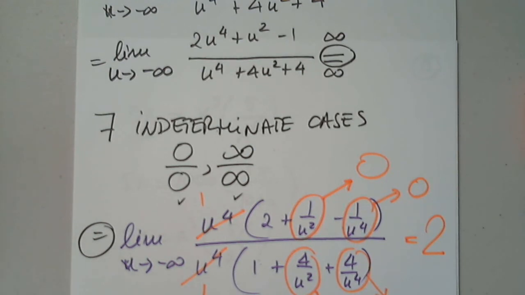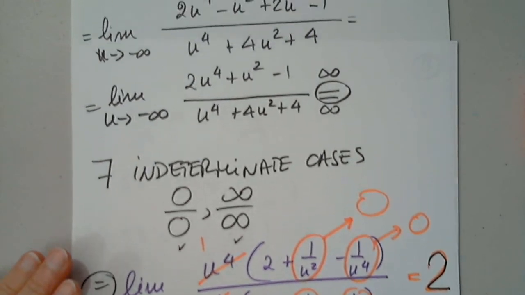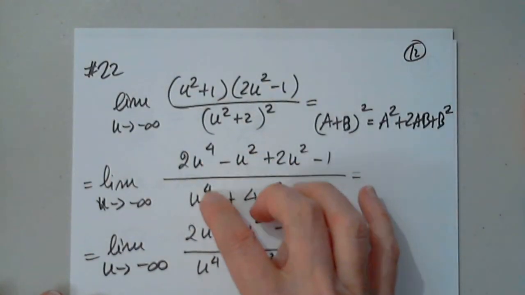So what does that mean? The limit of a function when x or u approaches negative infinity, if I get a number, what does this say? It has a horizontal asymptote. In pre-calculus, we taught our students same degree over same degree.